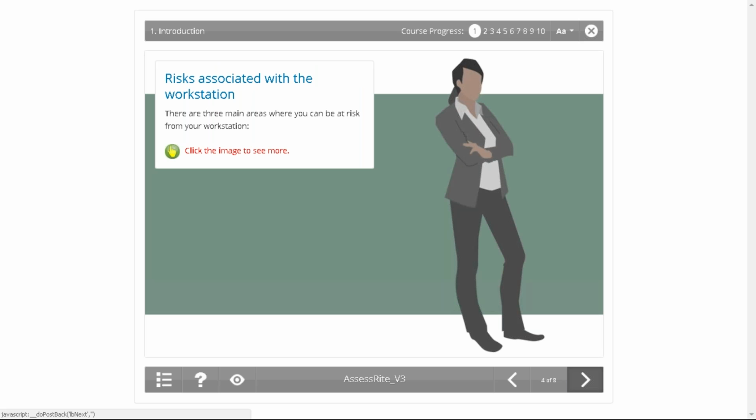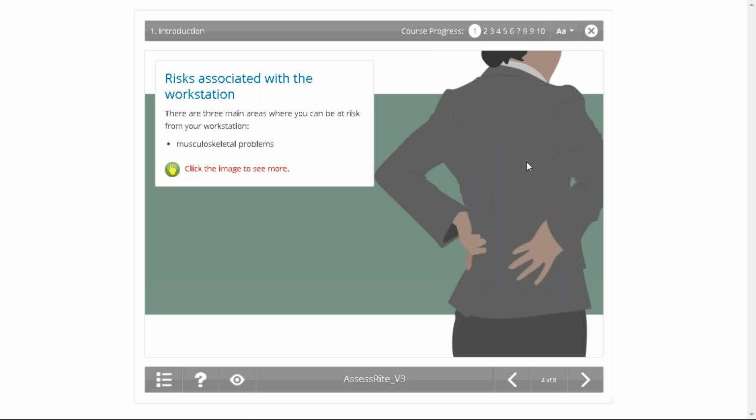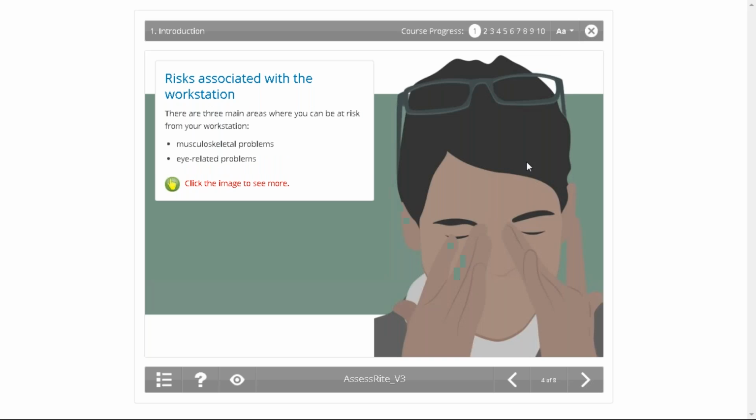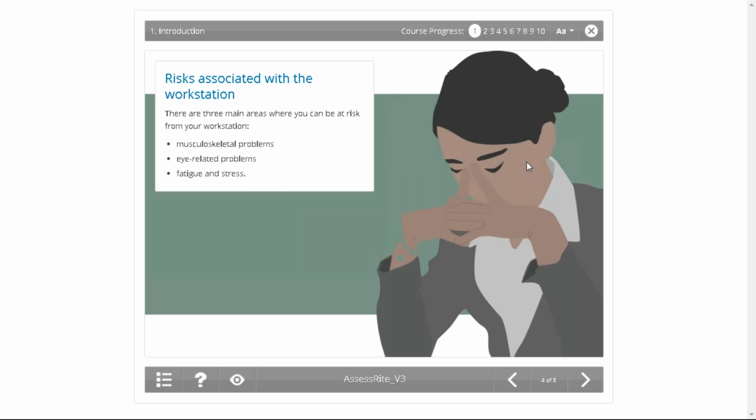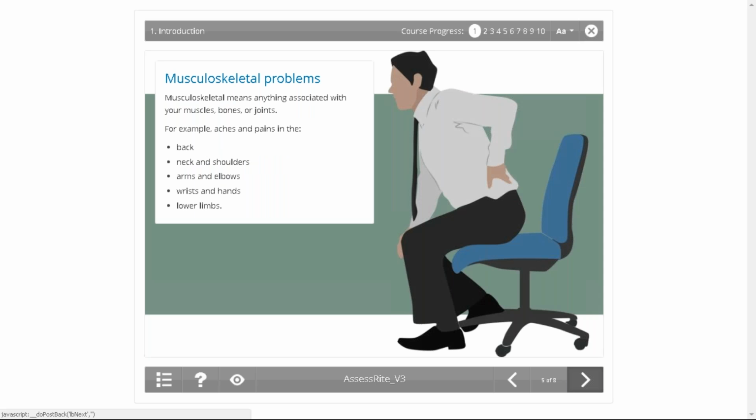So, the risks associated with the workstation. There are three main areas where you can be at risk from your workstation: musculoskeletal problems, eye-related problems, and fatigue and stress. Musculoskeletal means anything associated with your muscles, bones, or joints.